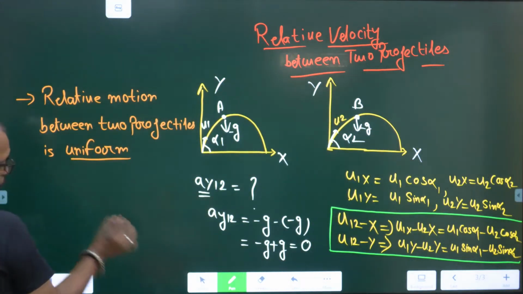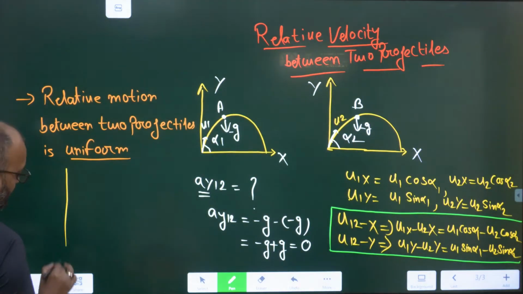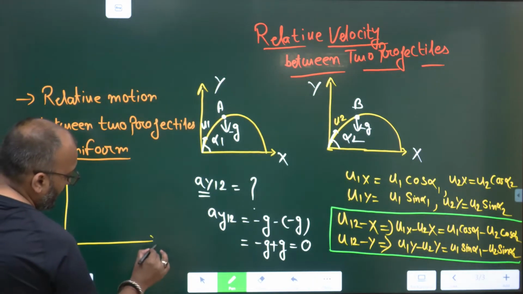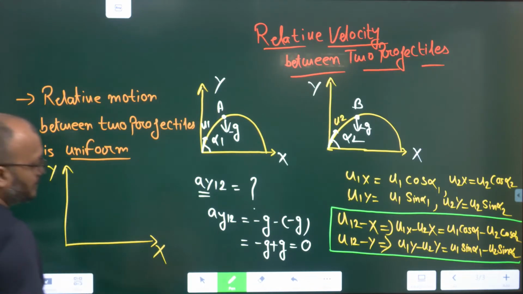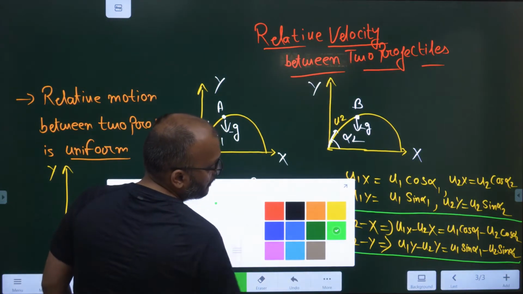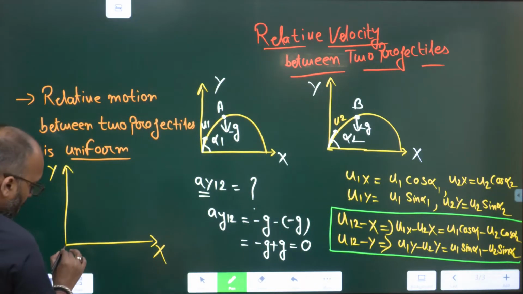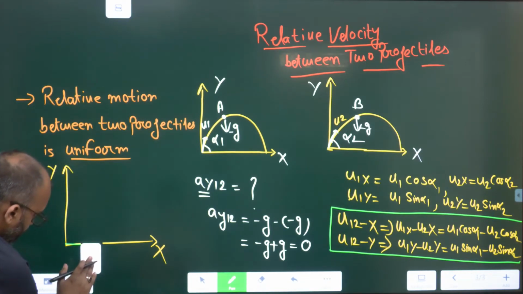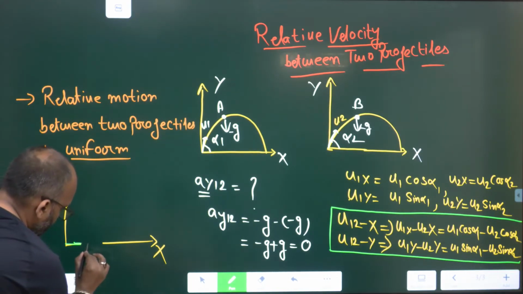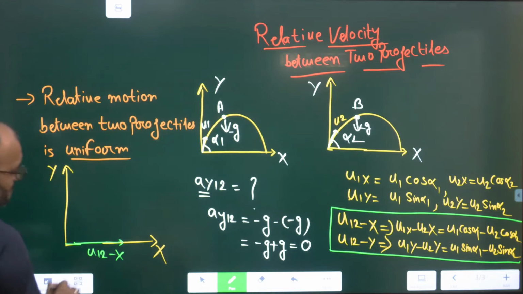See, if I draw this as my y-axis and this is my x-axis, this is u12x.